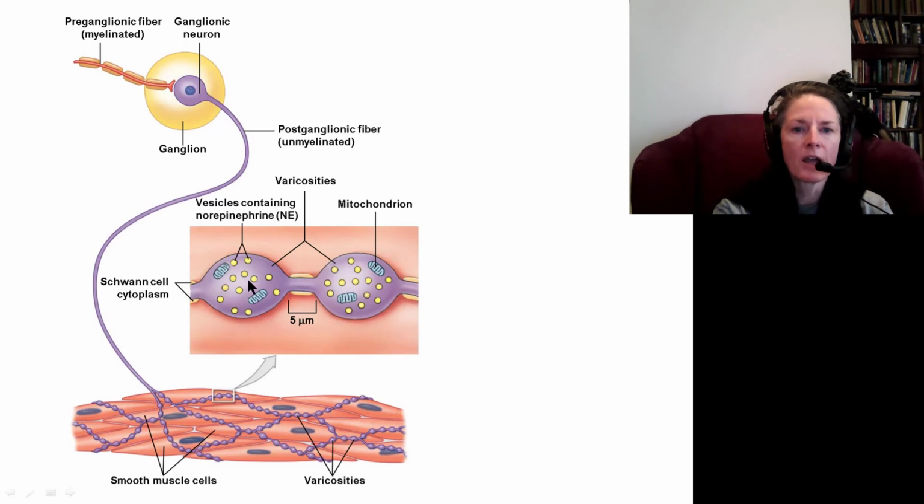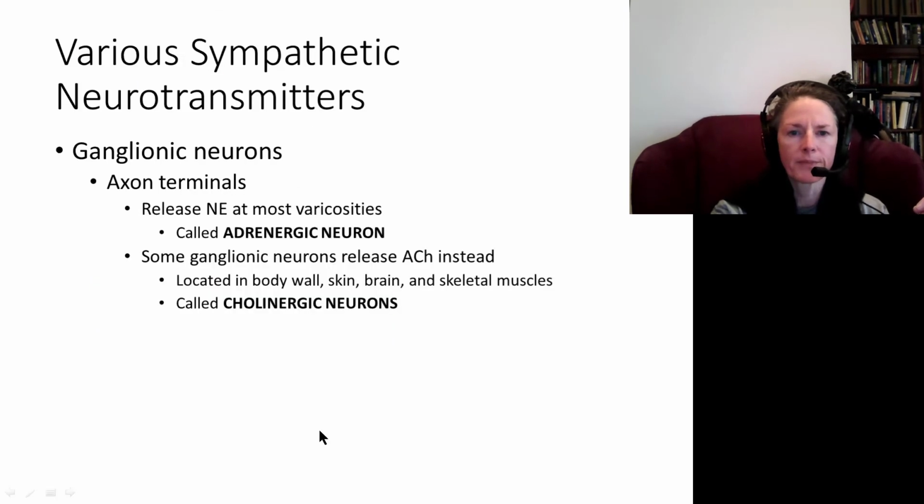And we've got our norepinephrine packed inside of these vesicles here. When an action potential comes down the postganglionic fiber, it's going to cause the release of our norepinephrine from these little vesicles. And the receptors for it will be scattered all over these smooth muscles.